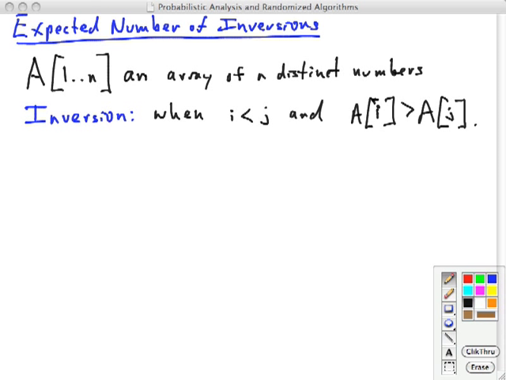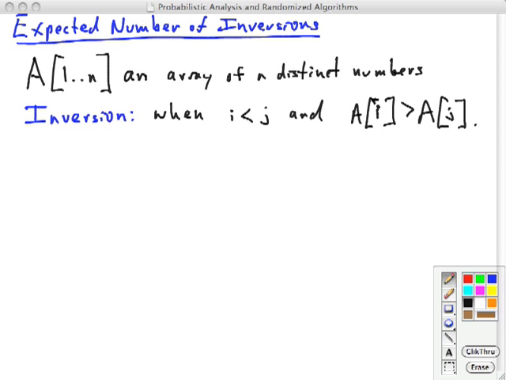We usually measure the time complexity of sorting algorithms in terms of the number of comparisons that have to be made. And in some sorting algorithms, the number of inversions is directly related to the number of comparisons that have to be made. An example is our familiar insertion sort, because when you're moving your way down an array, you've got a number you're trying to insert into the already sorted sequence.